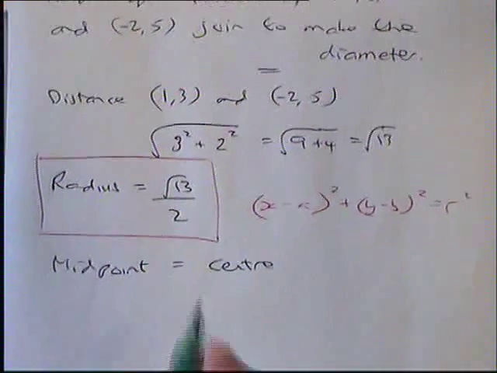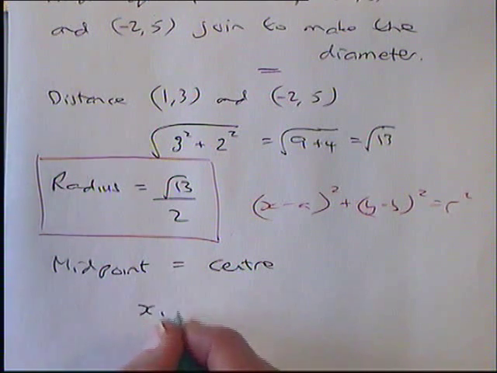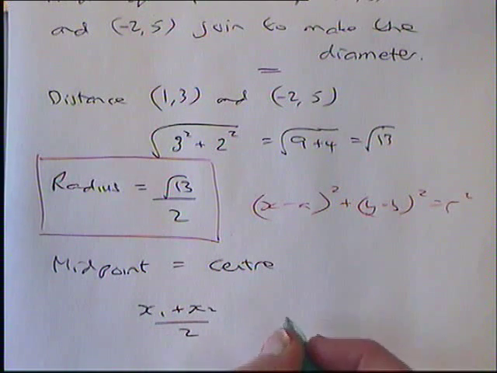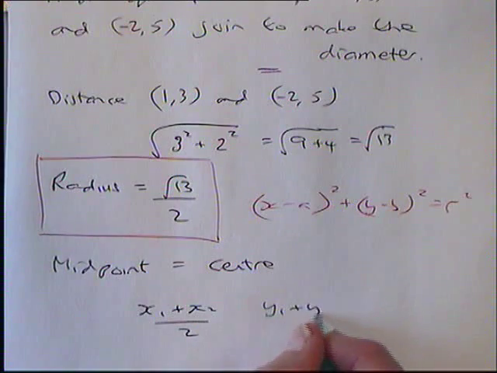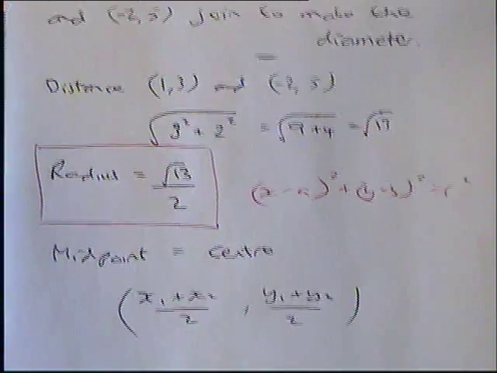And how do we go about finding the midpoint? All the x values divided by 2. Yeah, one way of doing it is to add up the two x values and divide by 2. You're basically finding the average x value, and do the same with the y's. Add up the two y values and divide by 2, and that's your coordinate for the centre.